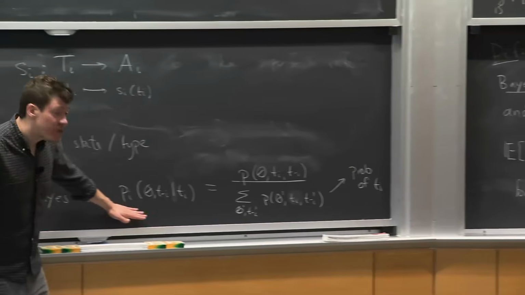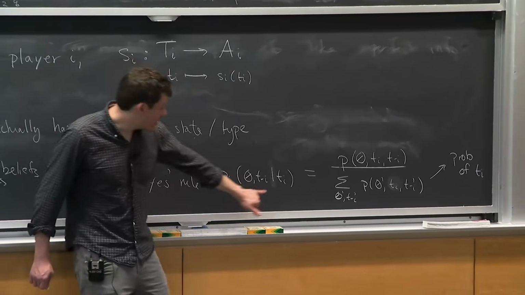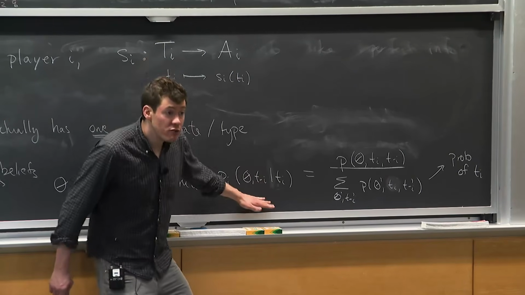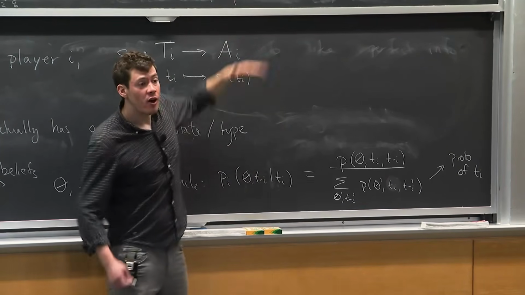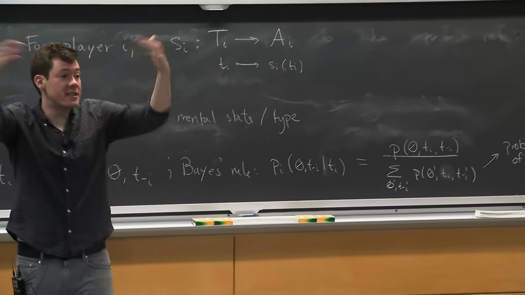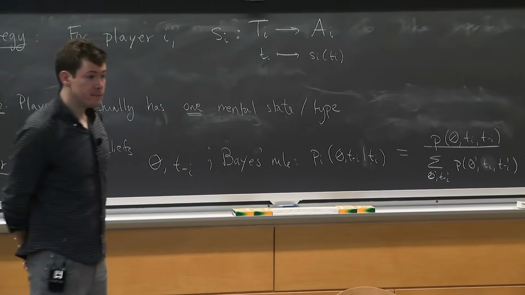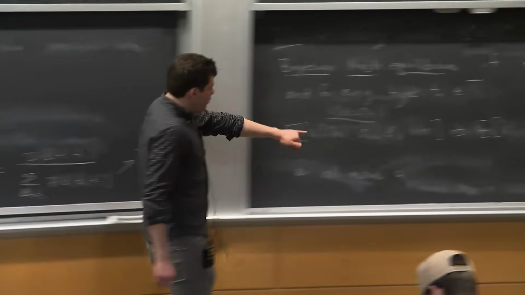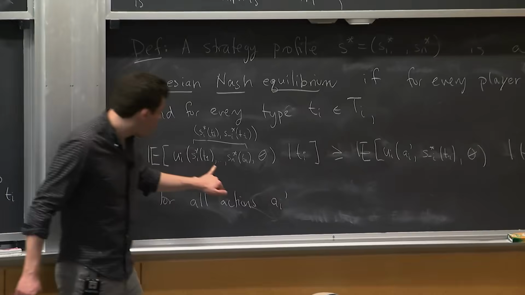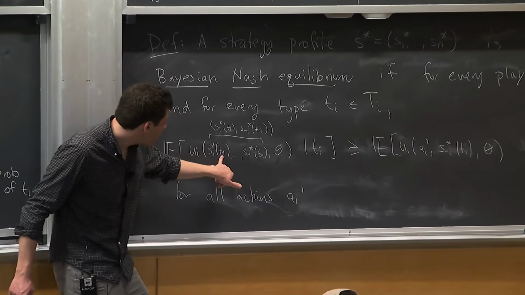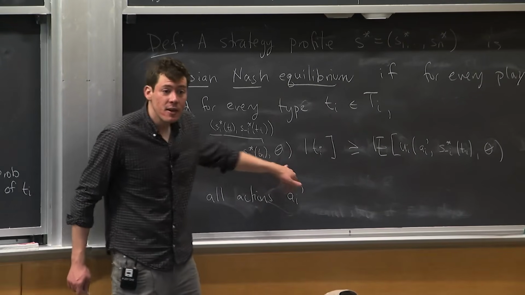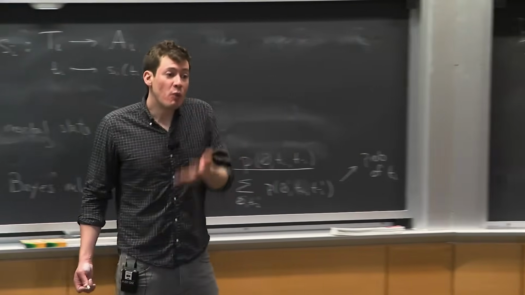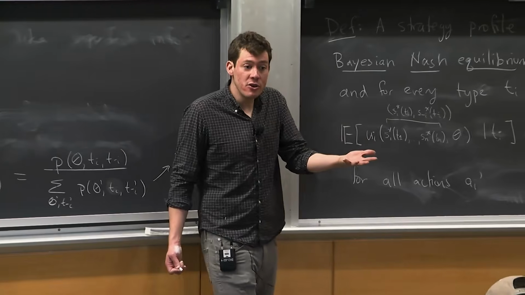Exactly right. Remember, we wrote down this formula here. This is really a whole vector, because once I keep ti fixed, I can vary the theta and the t negative i. So it's really a vector of probabilities. It's a lottery over everything I don't know, over all the theta, t negative i pairs. It's exactly a belief. What we're talking about precisely is that given my ti, I form beliefs. The tricky thing is that what I form beliefs about is T1 through Tn and theta. My belief about T1 through Tn by itself isn't that useful, but when combined with the strategy the other players use, now it becomes useful.